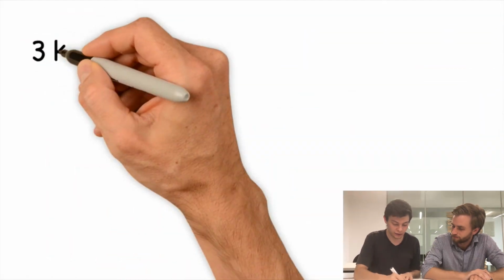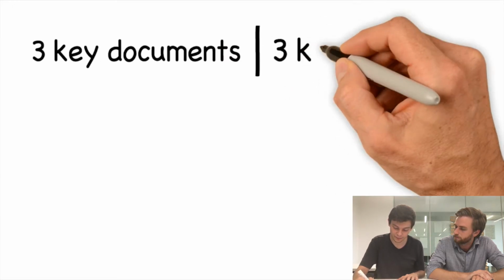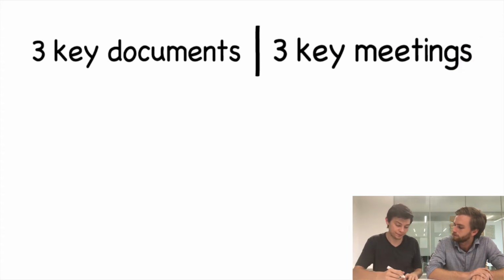Thanks, Andrew. To get started with your sprint process, it's going to help you out if you have a few key things to guide your team along the way. For us, we outline 3 key documents that you'll need and 3 key meeting types. These will be your framework for executing on your sprints.